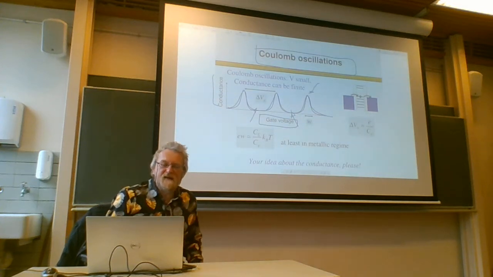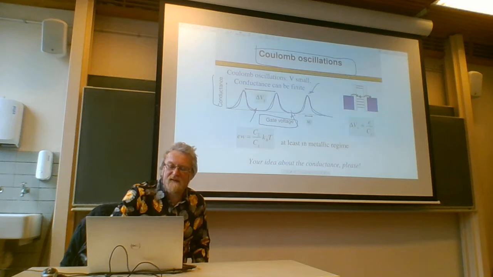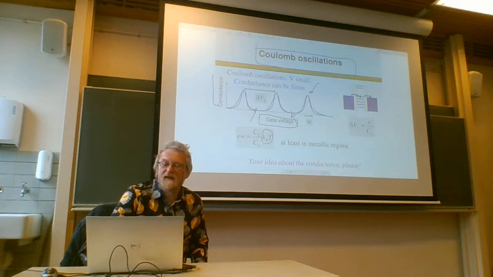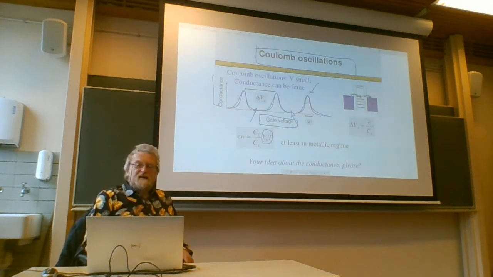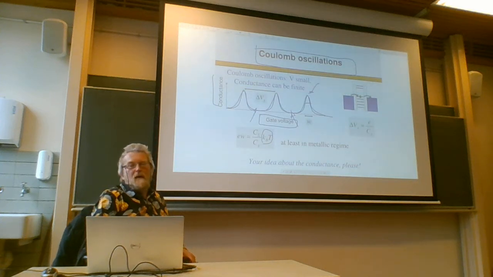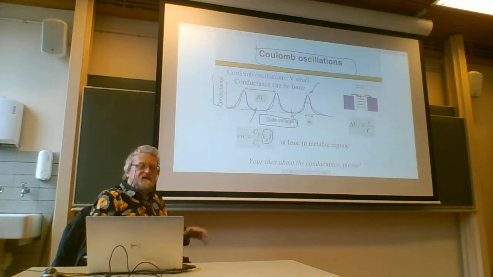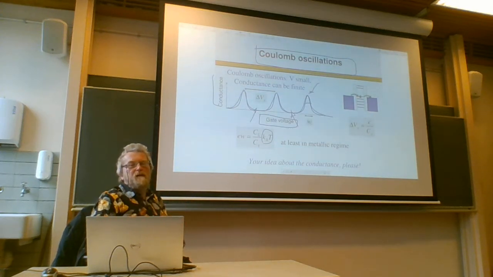We need to compare the small energy with the temperature we have. So this is eventually set by temperature. Good. So if temperature is lower than Coulomb blockade energy, we have a series of conductance peaks.